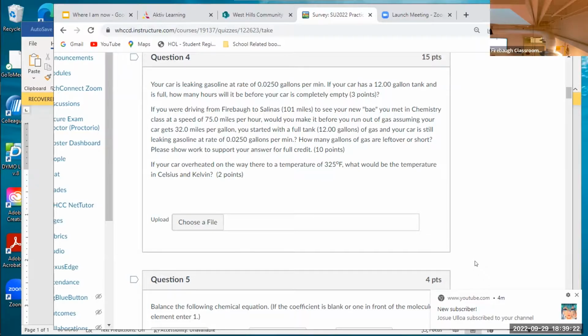For 1 mile. Miles canceled out. Is it 32 miles per? Okay, I'm backwards. 32 miles per 1 gallon. Miles cancel out. You would definitely not make it. That is horrible.